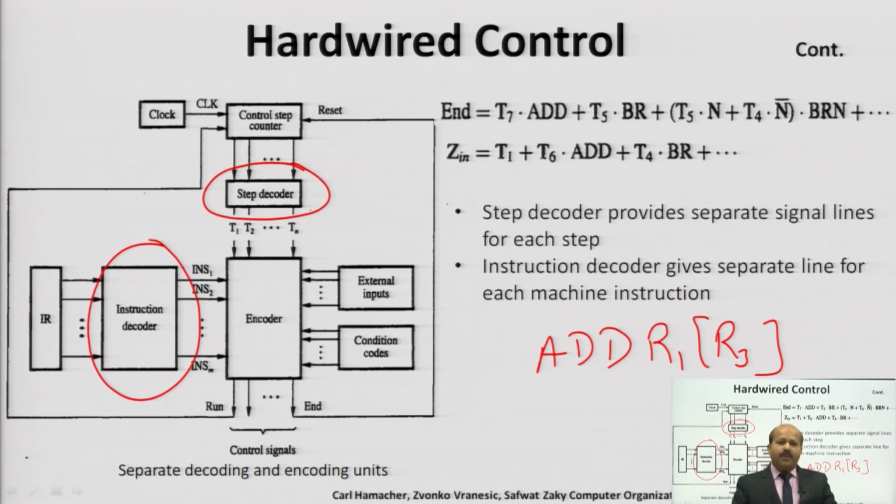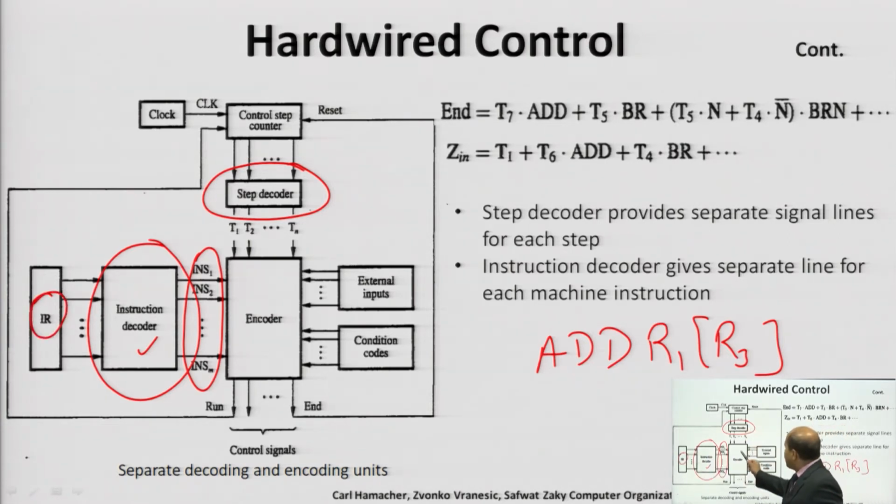When a particular machine instruction or control is issued will depend upon the instruction decoder, which takes input from the instruction register. Separate lines are produced by this instruction decoder based on the given instruction.